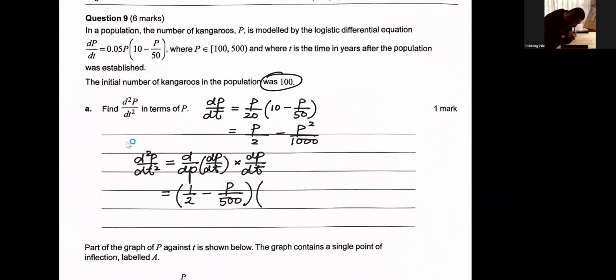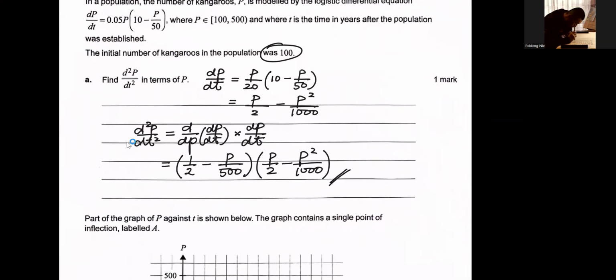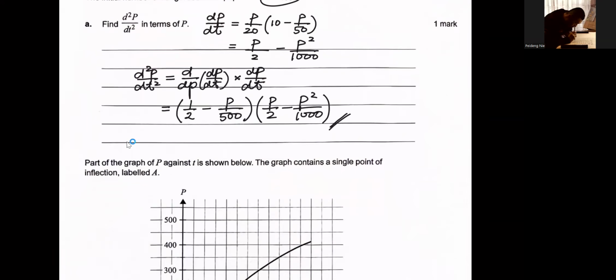And then you just need to write half P minus P squared over 1,000. Of course, there are other equivalent forms, but I could just leave my answer like that. This is one of the correct forms, I suppose. But just don't forget about your dP/dt after you take the derivative of this guy, okay? Because of the chain rule.